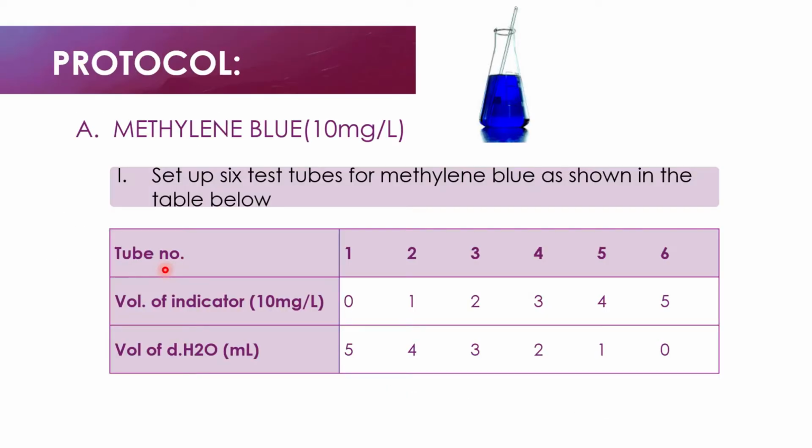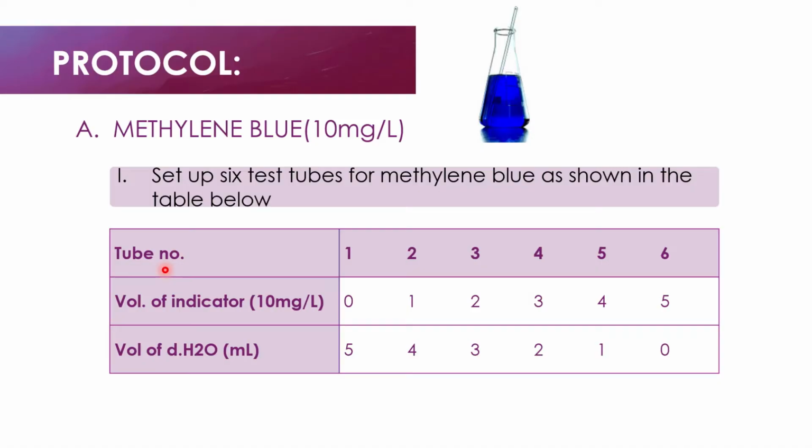And before we start with our test protocol, first of all, what we have to note is that this experiment is in two parts. In the first part, we are going to plot a calibration curve for the methylene blue, and we will use this calibration curve to extrapolate or determine the concentration of the methylene blue in the unknown mixture.